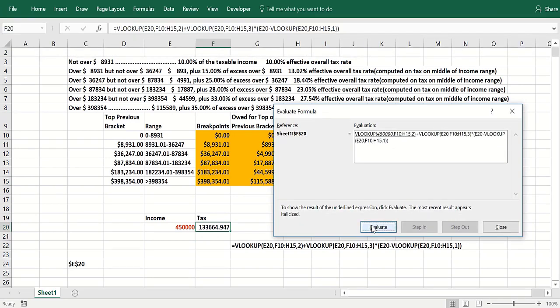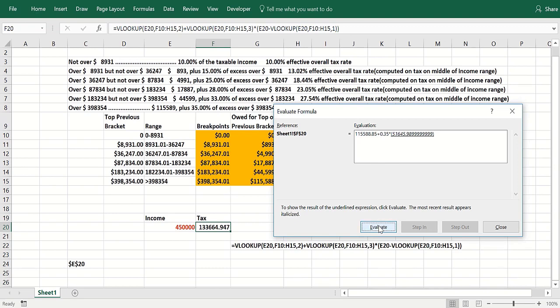So the first VLOOKUP is going to get the cutoff point for what you owed from the previous bracket, 115,588. Then you keep going. That gets your tax rate of 35%. And now you're going to get how much money you made, and it's going to look up the bottom of that bracket, 398,354.01.